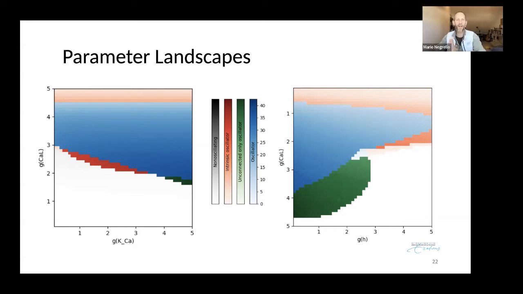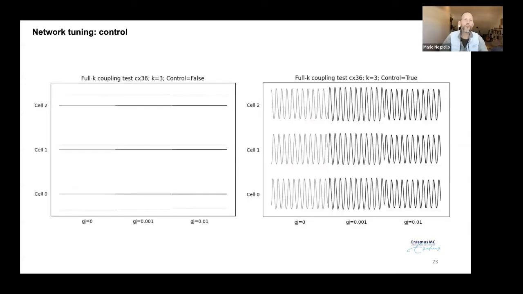We have to compensate to find the same distributions of oscillatory properties, and we do that via an auto-tune method that I just wanted to quickly symbolize in the bottom left. The x-axis here is the gap junction conductance: 0, 0.001, and 0.01 millisiemens per centimeter squared.